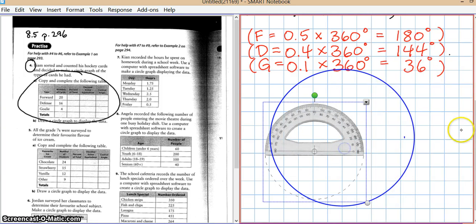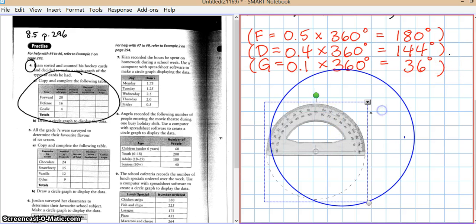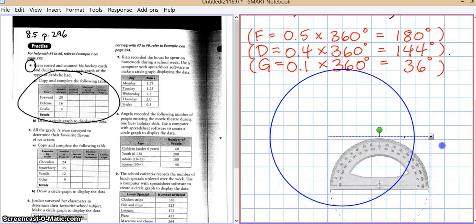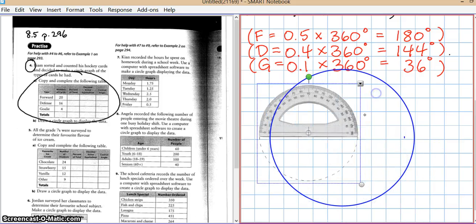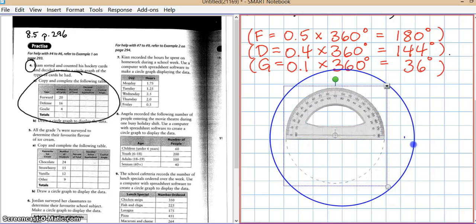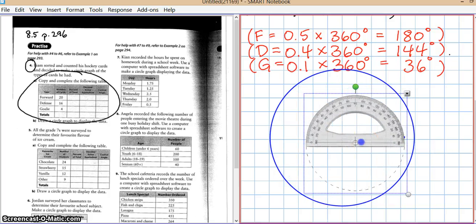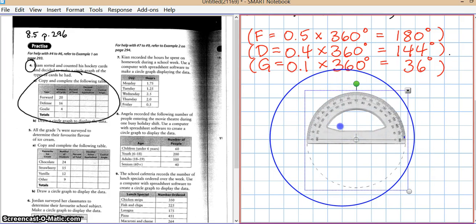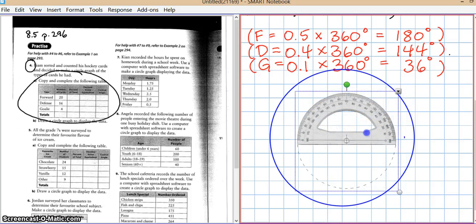Next, you're going to start drawing in these angles. Now remember, you need 3 angles to make up this circle graph. So you're going to take your protractor, and what's good about having a compass is that the middle of the circle is marked for you, but unfortunately now I've lost the middle, so I'm just going to try and manipulate this here.